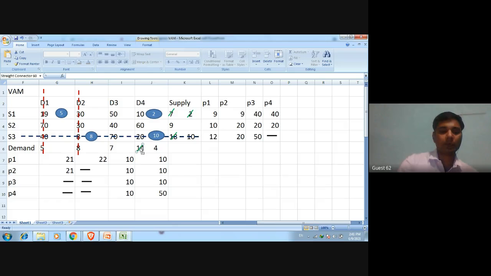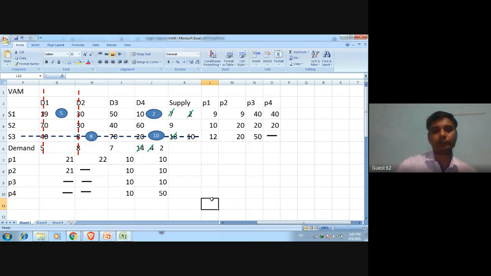So we will write down here 2. Again, this 2. Okay. Now, how many allocations are there? 4.